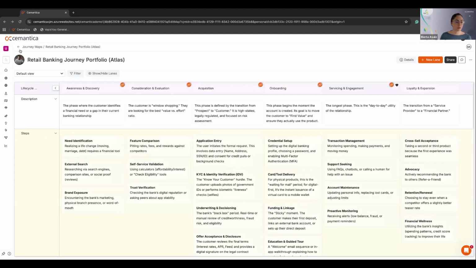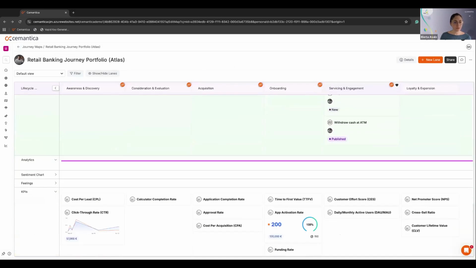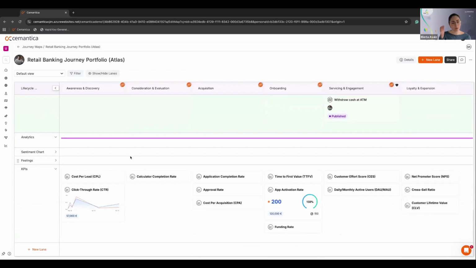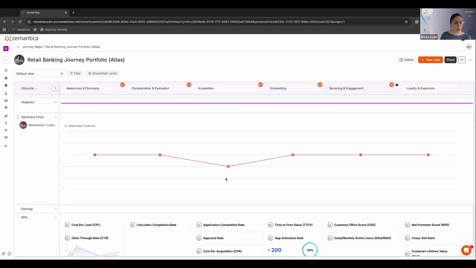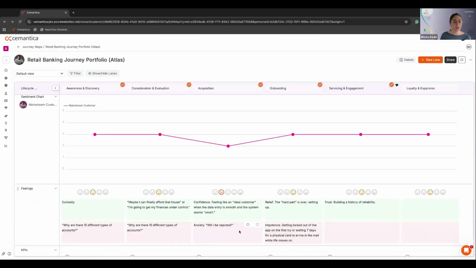All right, so let me also go here underneath. Another thing you can do with your journey portfolio is add some analytics. So you can include a little break here and include a sentiment chart as well. You can include a feelings lane, so you can see the perceived sentiment of the customers, and also some feedback.